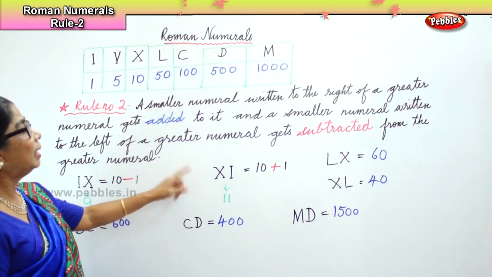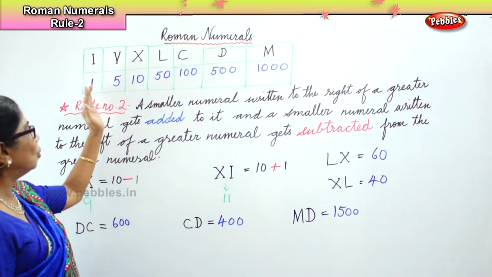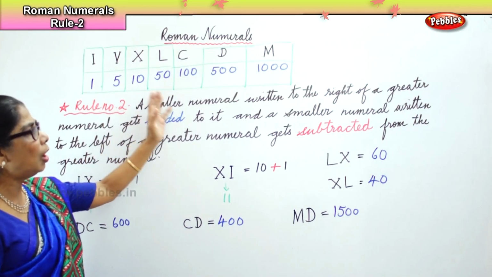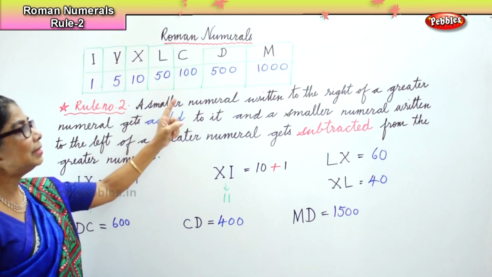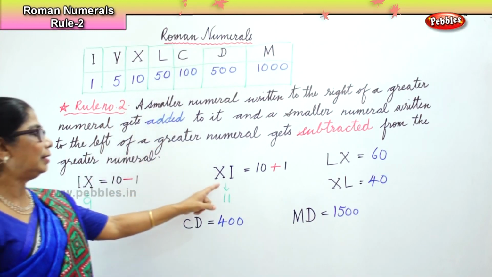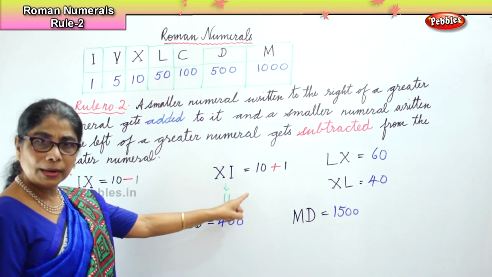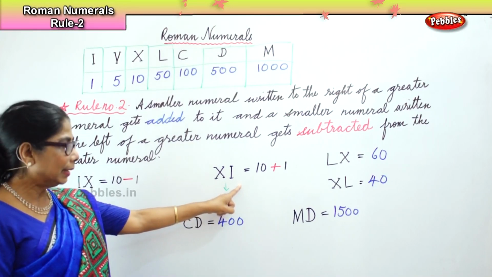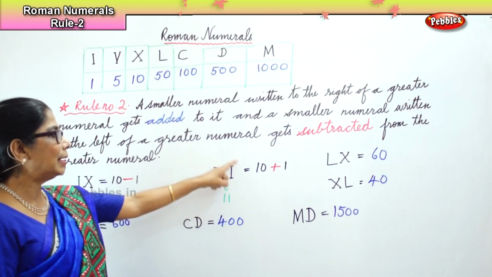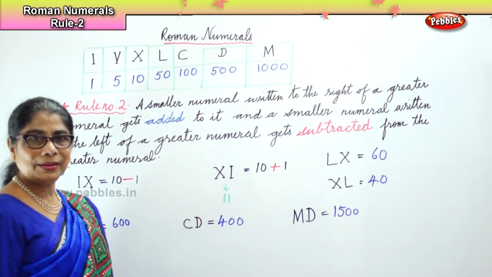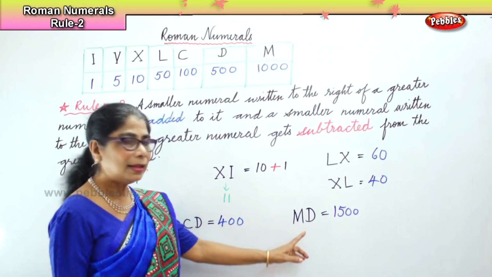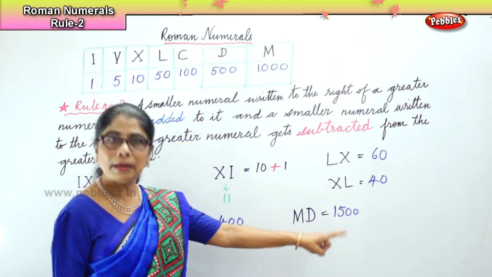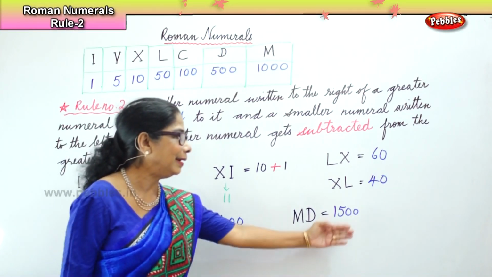Again, rule number 2 says, a smaller numeral written to the right of the greater numeral gets added and you call that number 11. A smaller numeral written to the right of the bigger numeral gets added.